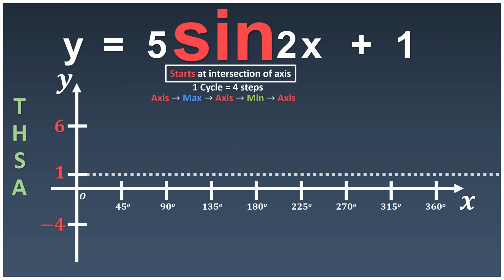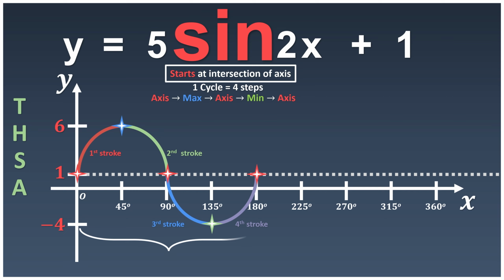Let us plot the points, starting from axis, maximum, axis, minimum, and axis. So basically 4 strokes. This is the first, second, third, and fourth. So these 4 strokes will eventually make up a wave, or what we call a cycle of the wave.